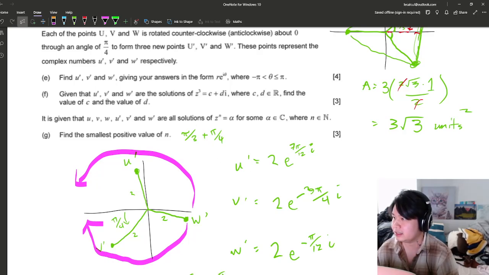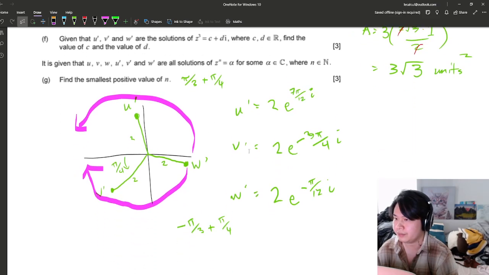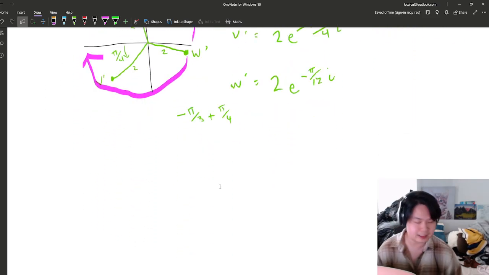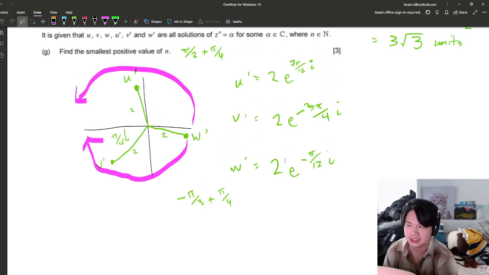Okay, what next? Given these are solutions to z cubed equals c plus di. Okay, all right. So now we use De Moivre's theorem. And it doesn't matter which one we cube because they're all solutions. Let's pick U, this one.